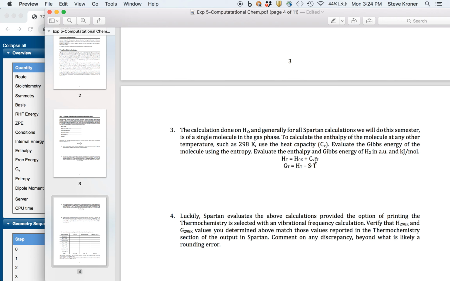Only issue here is you've got to take into consideration units. So you've got to maybe convert calories to joules, maybe joules to atomic units, or perhaps take the atomic units to kJ per mole.